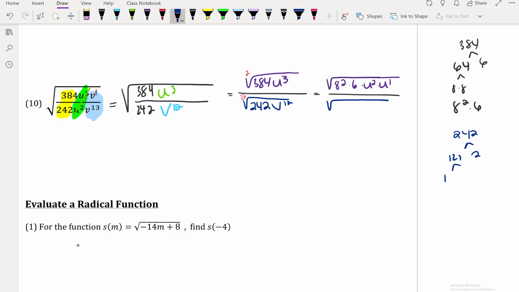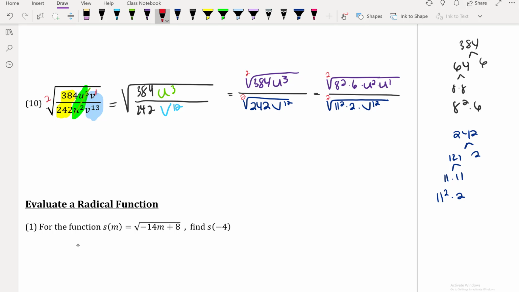And 121 is 11 times 11. So I can rewrite this as 11 squared times 2. Perfect. So now I have 11 squared times 2 times v to the 12th power. And remember, I have an index of 2 for both of them. So when it's not there, it defaults to be a 2.